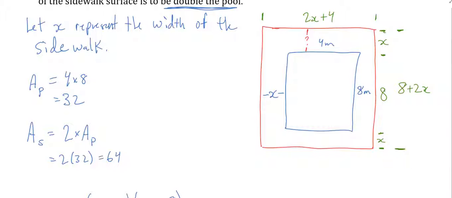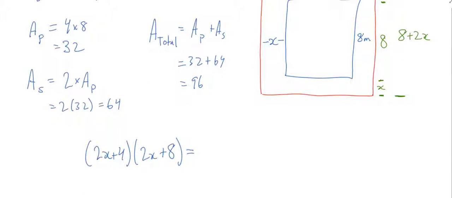So the last thing of this is I want to do area total is the area of the pool plus the area of the sidewalk, which is 32 plus 64, which is 96 in this case, and that's what I get here.